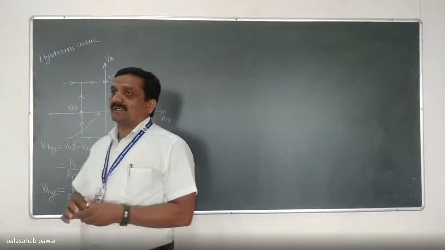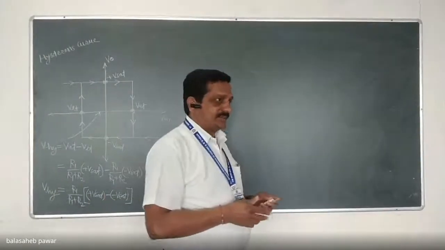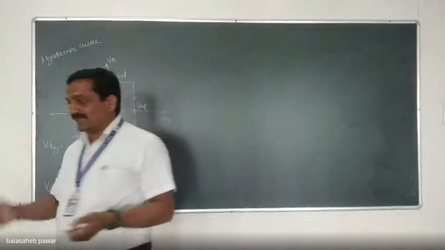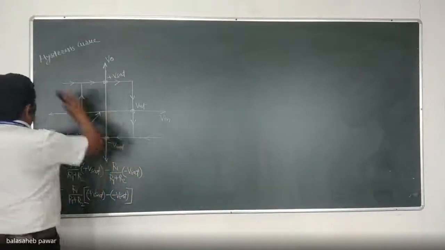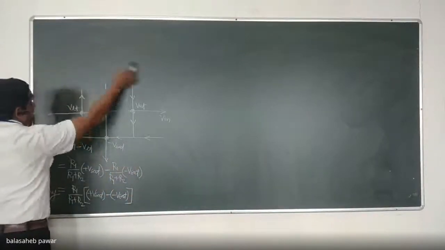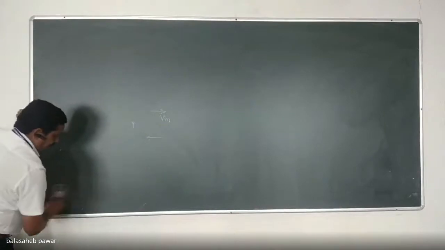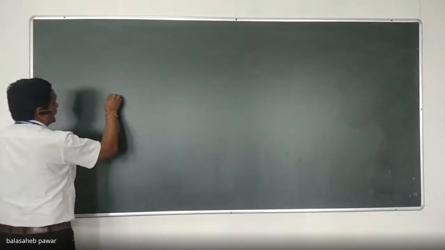But if we want an asymmetrical Schmitt trigger, that means VUT and VLT should not be the same. Then how can we design it? Will it be possible? The answer is yes. To get VLT and VUT different, we make small changes in the Schmitt trigger circuit.